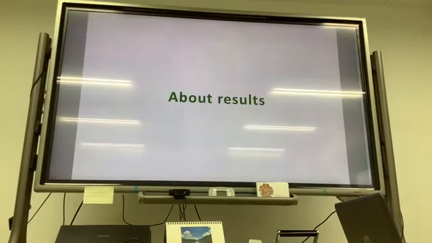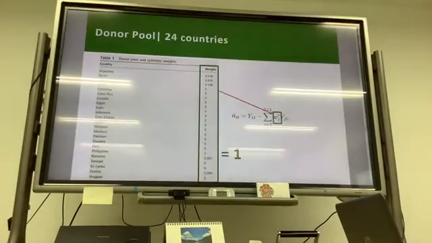Going back to the results. Yeah. And they selected 24 countries as donor pool, for example, Argentina, Brazil, Chile, China, and so on.